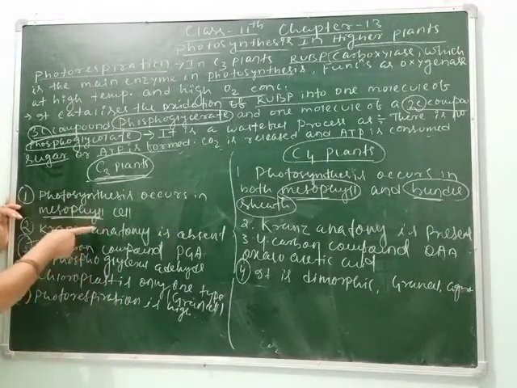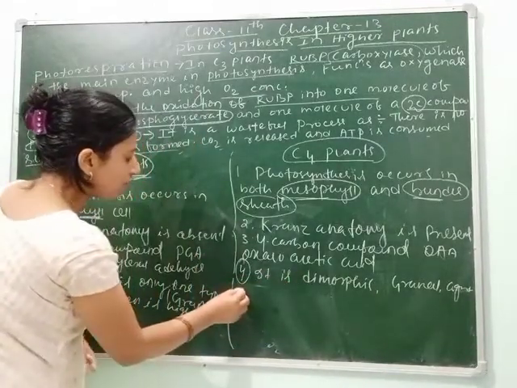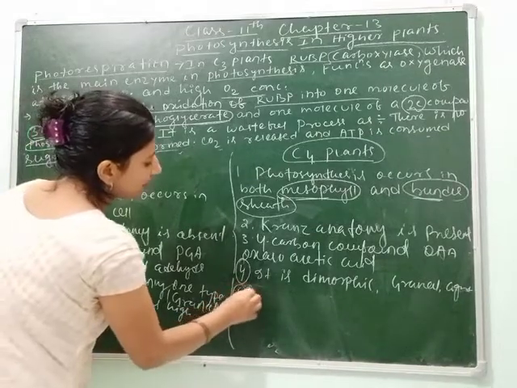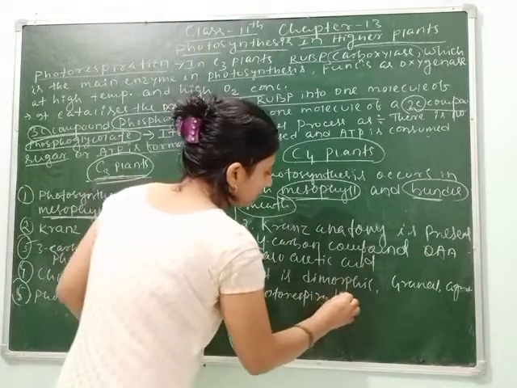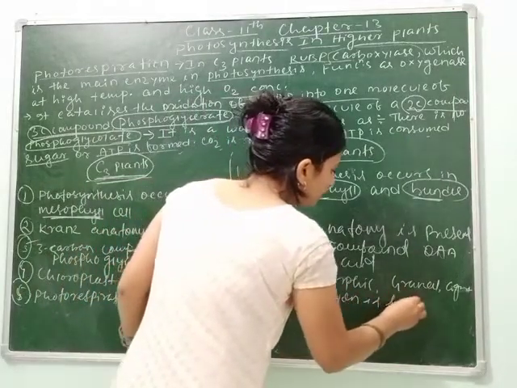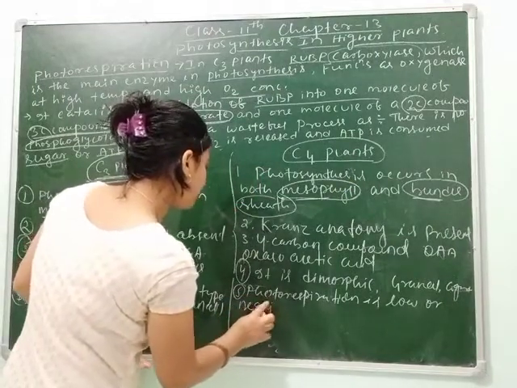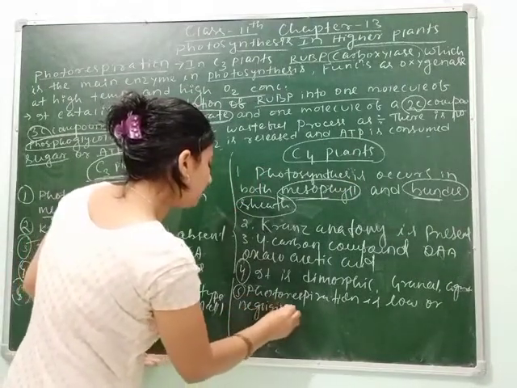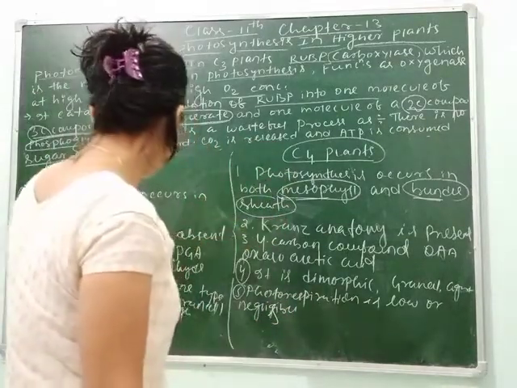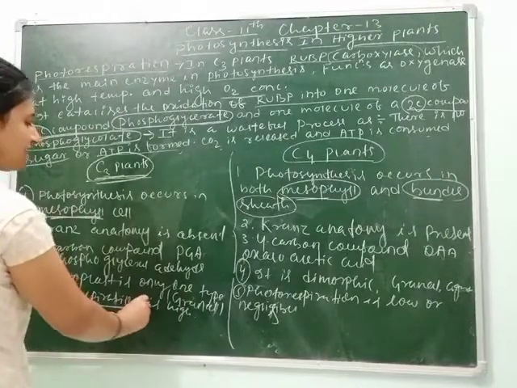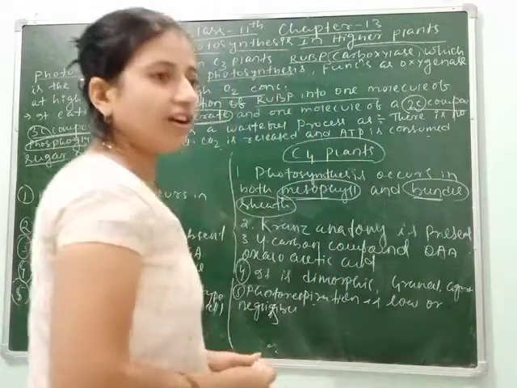So the first stable product is a 3-carbon compound, whereas here photorespiration is low or negligible, meaning it does not take place at all. That's why the first stable product is a 4-carbon compound. This is the most important point: photorespiration is high in C3 plants and low or negligible in C4 plants.